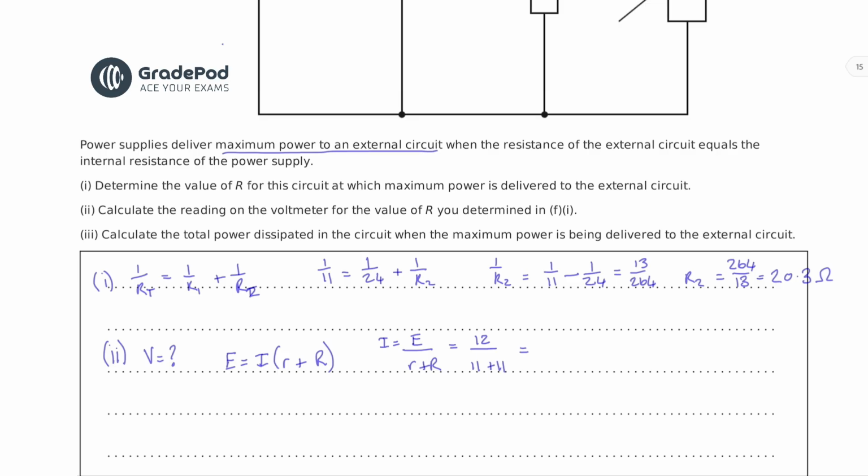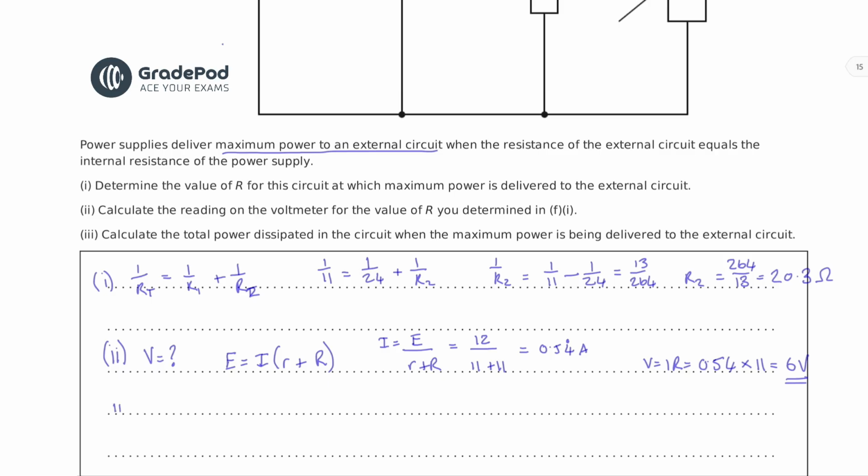So that's 12 divided by 22. So the current at that stage is 0.54 recurring amps. And then V equals IR, so that's 0.54 times 11, which gives us a value of 6 volts.